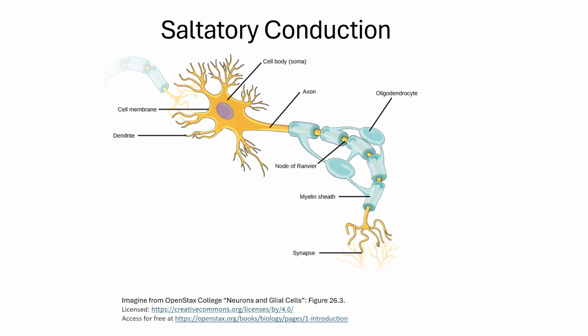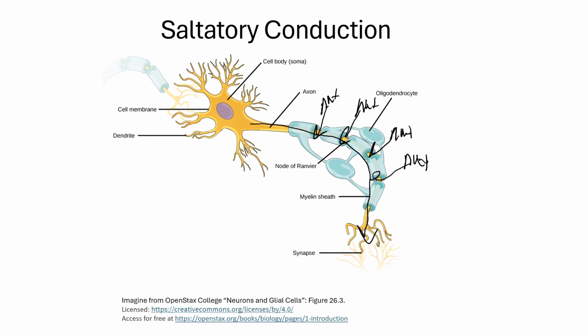So as an action potential propagates down a myelinated neuron's axon via saltatory conduction, the only place that the voltage needs to recharge is within the nodes of Ranvier.